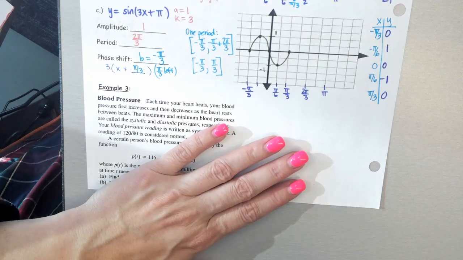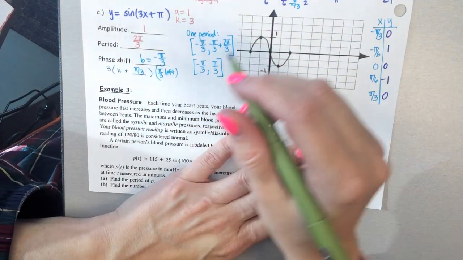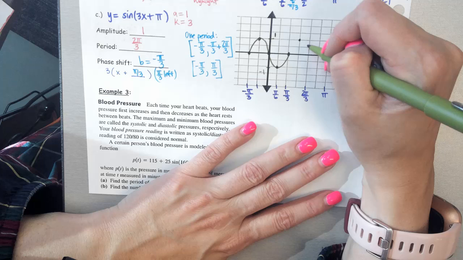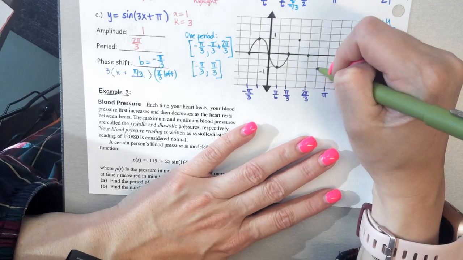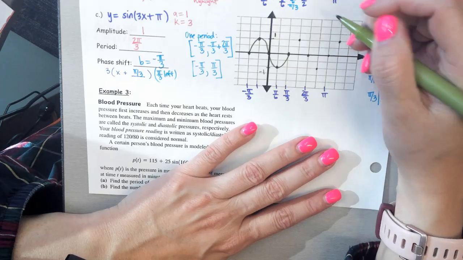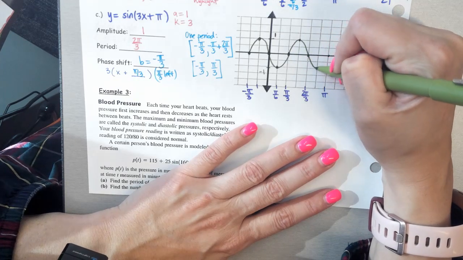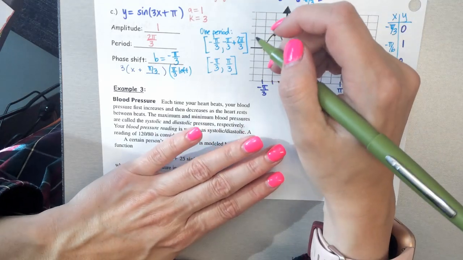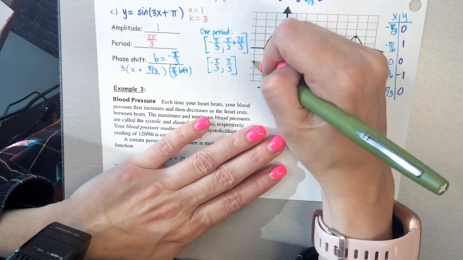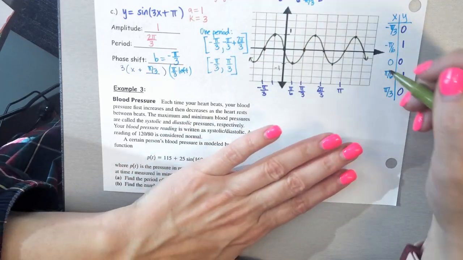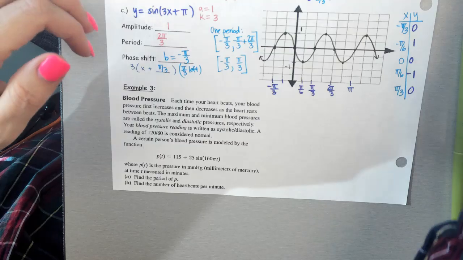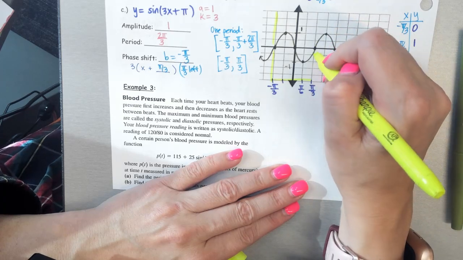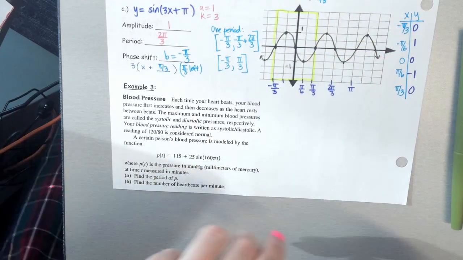You don't have to do that. And you are going to box in your 1 period.